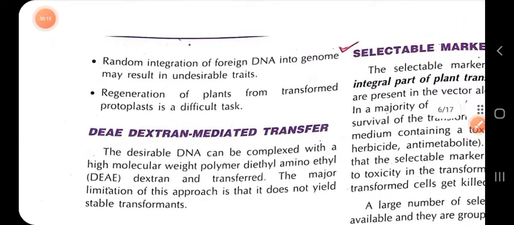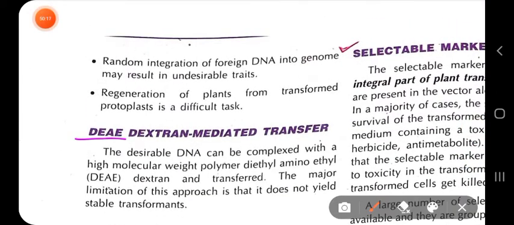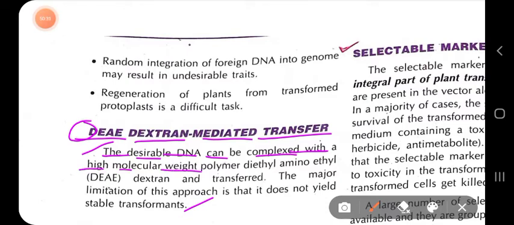Next is the DEAE dextran mediated transfer. In a small paragraph they have mentioned that the desirable DNA can be complexed with a chemical of high molecular weight. It is a polymer actually, diethyl aminoethyl dextran.